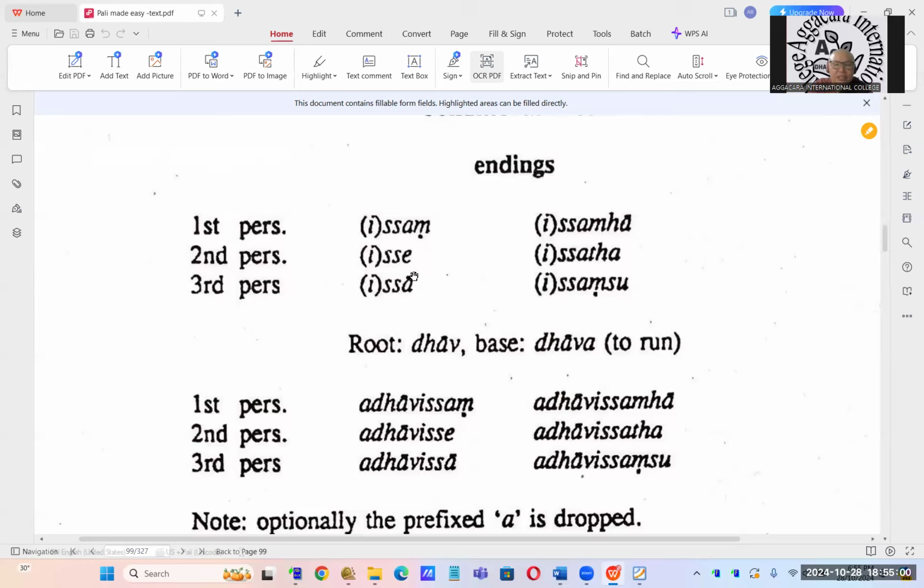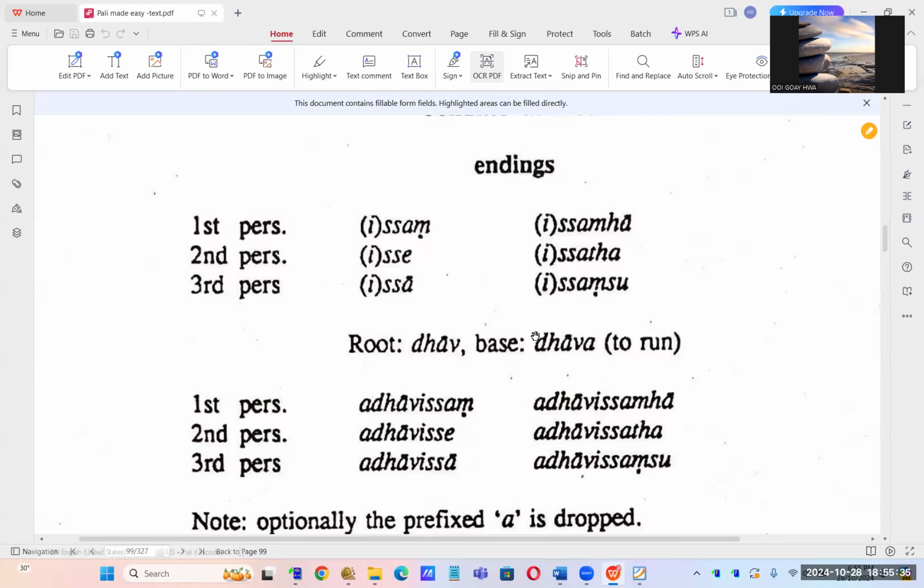But the difference is that there's no T and D. You only see the "issa." It also looks like another thing. Look like what? Aorist, right? So "issa" is future tense, but this one also looks like aorist, this one also looks like aorist. It's kind of like combined, two in one.